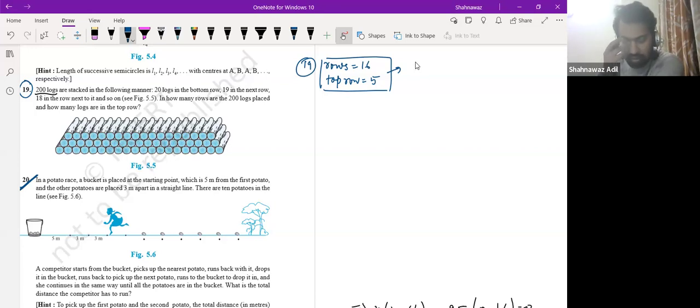So you got two solutions for the number of rows, 16 and 25, yes.